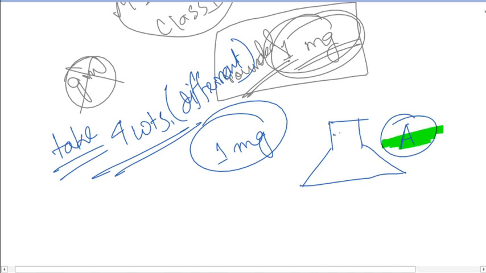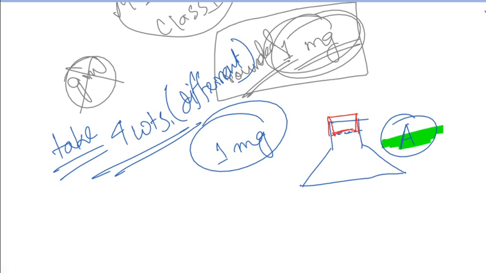There will be a mark like this up to which we need to fill the water, not beyond that, because the stopper will be fitting up to this point. So we always target this mark.